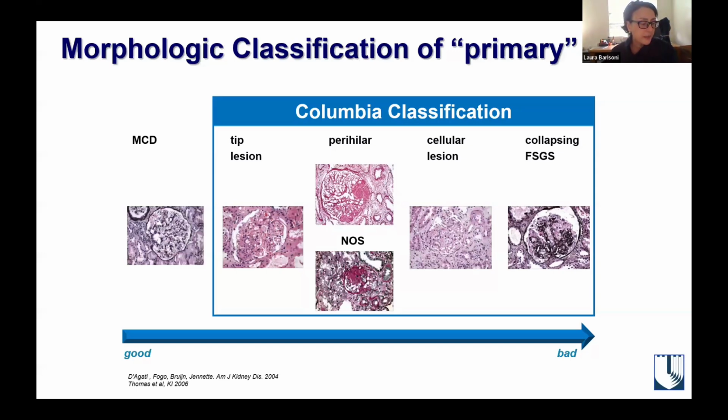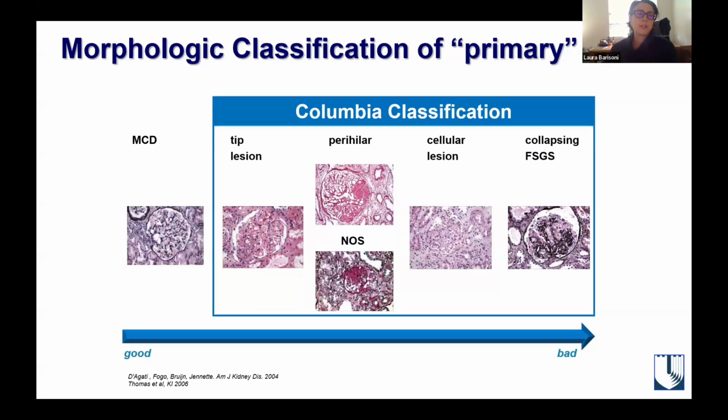More recently, others have suggested that we should use primary, secondary versus reactive injury. The problem with this etiology classification, which is obviously a good idea, is that currently we do not use all the tools that we would need to really classify these patients.